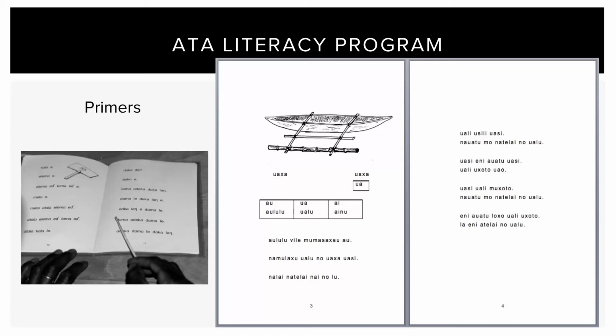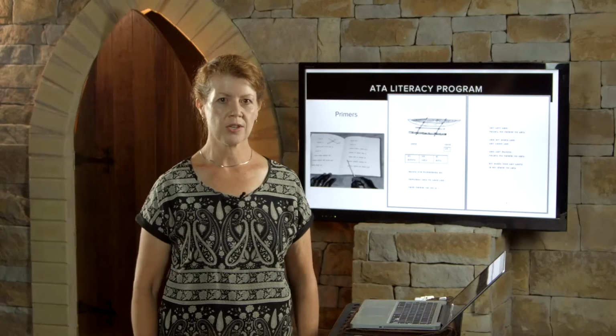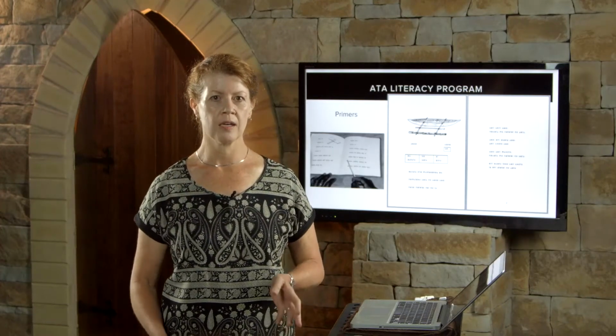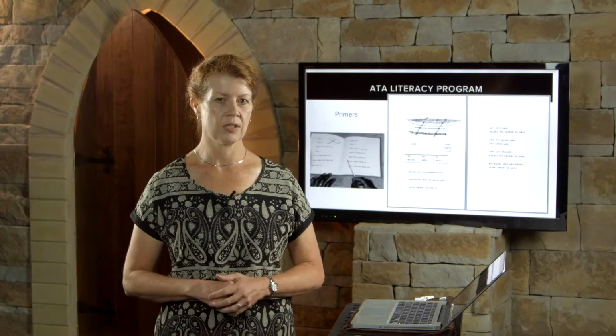Here on the slide you can see a page from the second Arta primer. It teaches the new syllable wa and uses the key word waka, which means canoe. And it also includes a reading page giving some sentences for reading practice using the new syllable wa in a variety of words.